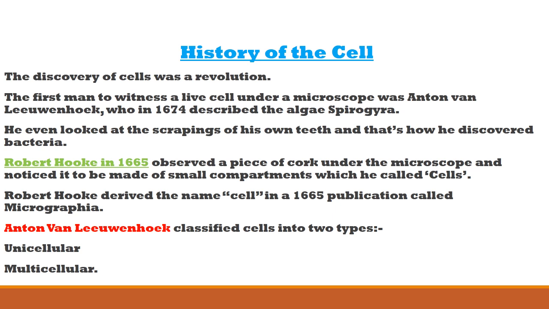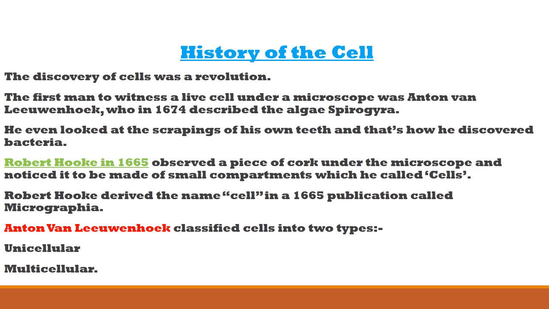The first man to witness a living cell seen under a microscope was A. van Leeuwenhoek, who in 1674 described the algae Spirogyra. Even he looked at the scraping of his own teeth, and that's how he discovered bacteria.